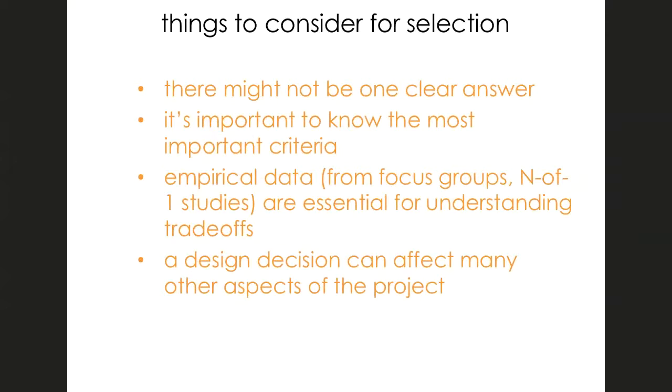Empirical data can really nicely supplement the information you have about constraints from your formative work to make these decisions. And any decision you make on one intervention component, and I think you will see this in your projects this week, can often have effects on the system as a whole. So the process ends up being really iterative, because you make one decision and it has effects on other things. You make a decision about a food tracking feature.